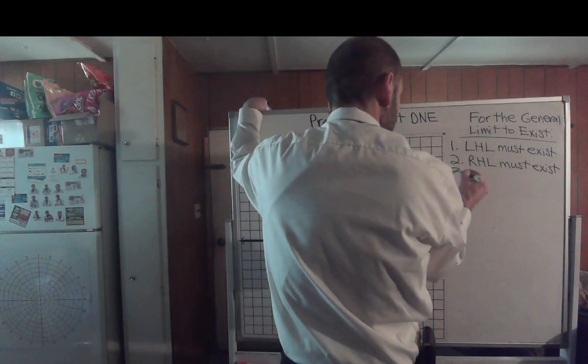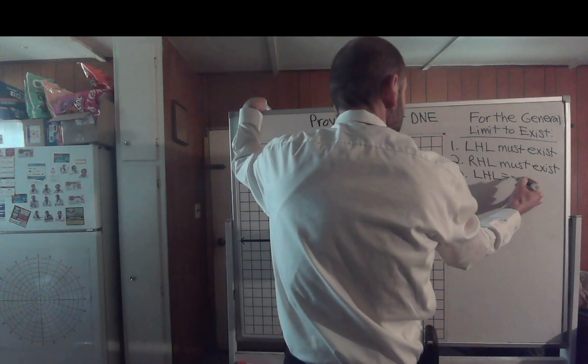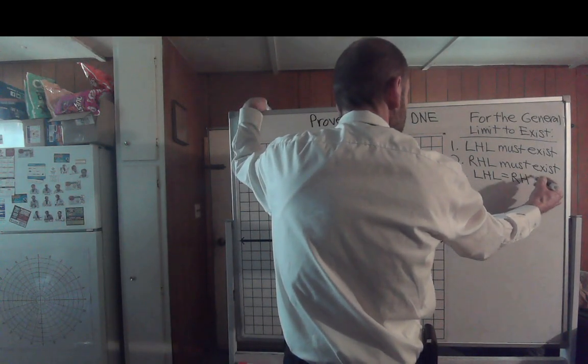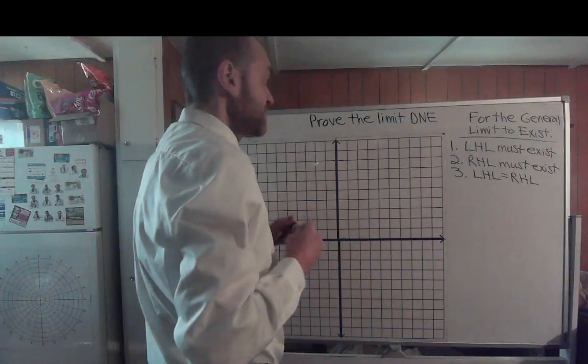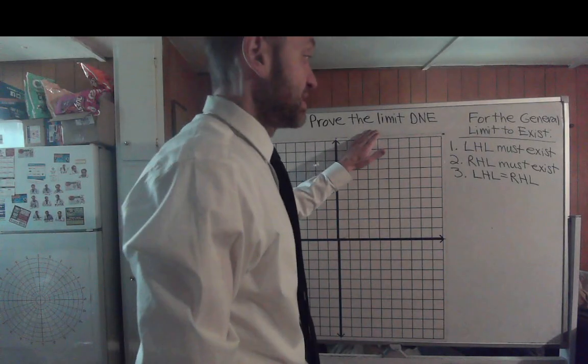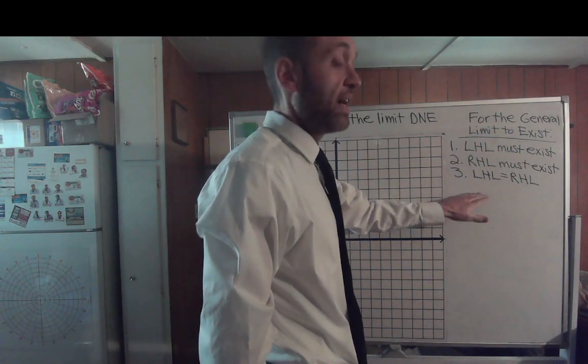And then 3, the left-handed limit must equal the right-handed limit. If we're setting out to prove a limit does not exist, all we have to do is show that just one of these conditions is violated, and we've proven the limit doesn't exist.